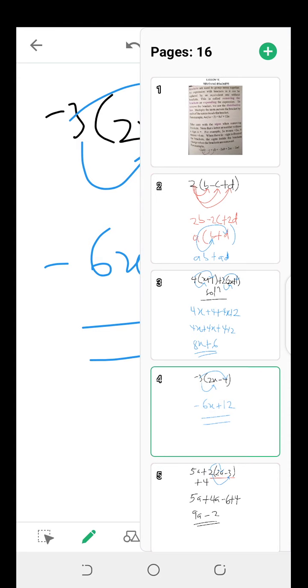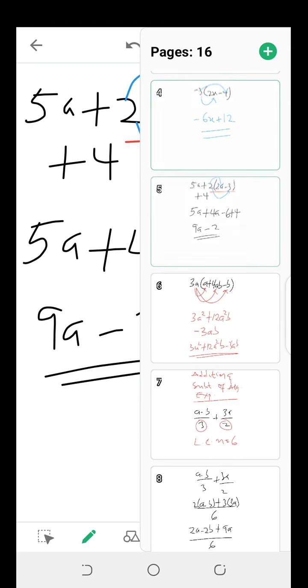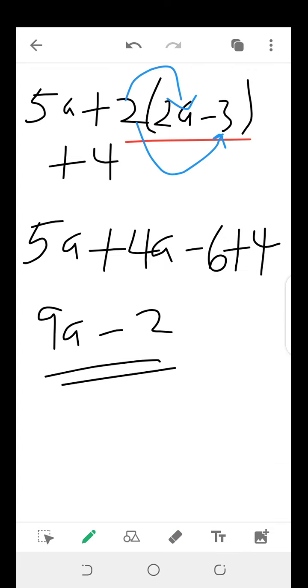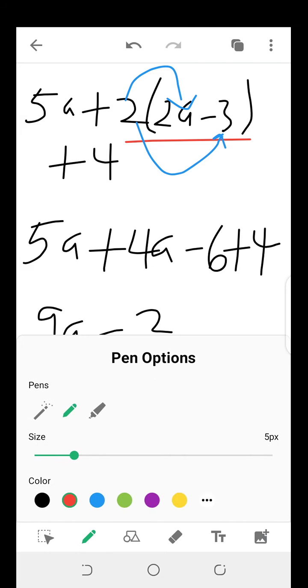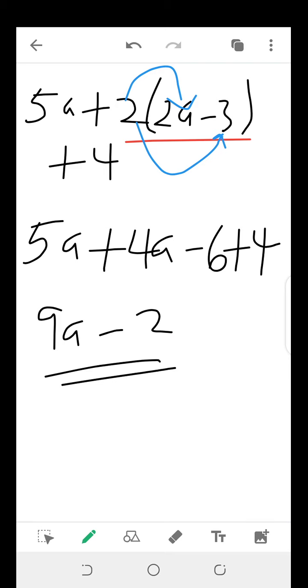We are moving on to the next one, and it's example 2 that we are solving. And with this one, I'll just go straight away and explain how I got these answers. Okay, what you do is that we have the question 5a plus 2 bracket open 2a minus 3 bracket close plus 4.